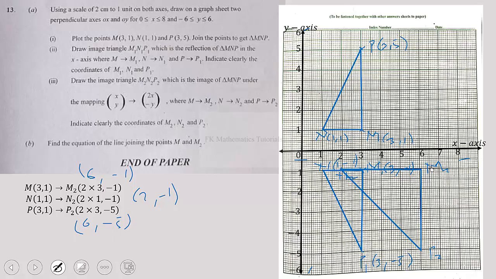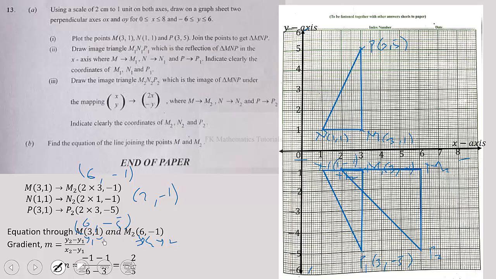Then we're also asked to find the equation of the line joining points M and M2. So M and M2 are this point. So we find the gradient. We label x1, y1 and x2, y2.